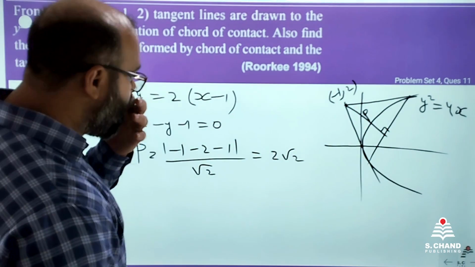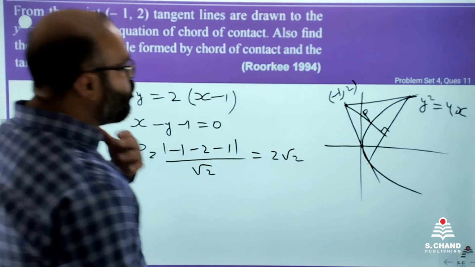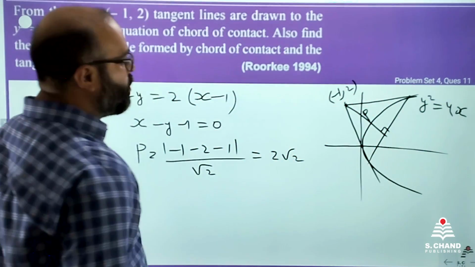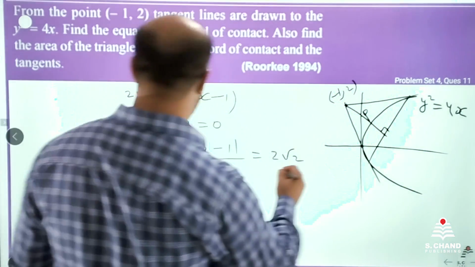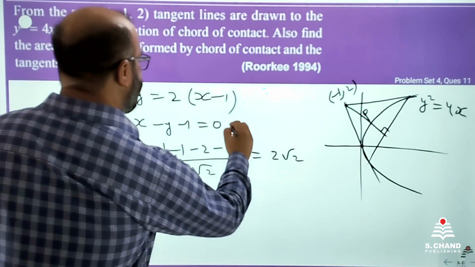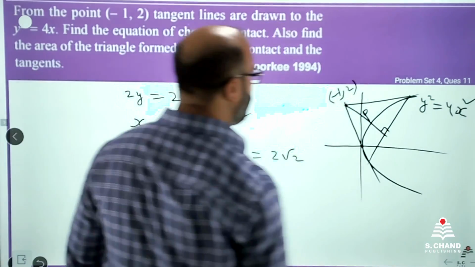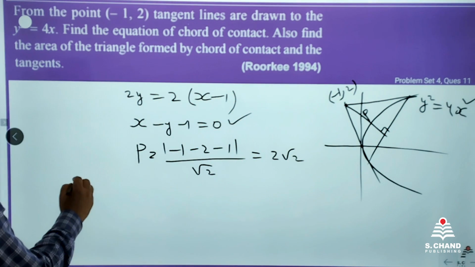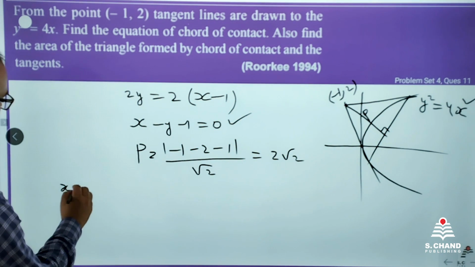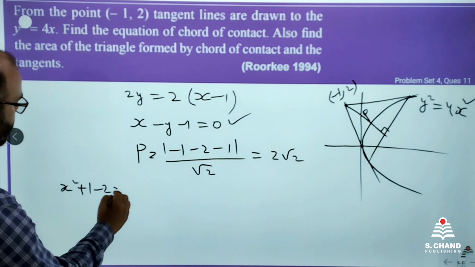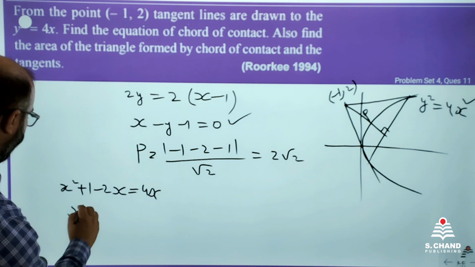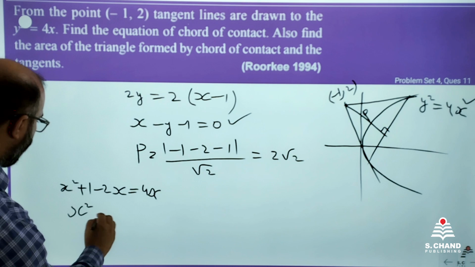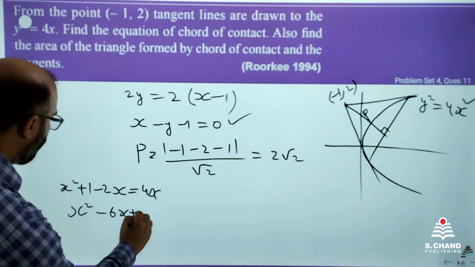And then we have the length of this chord. So what will be the length of this chord? For that we have to find the extremities. So let us solve this equation and this equation. y square will be equal to (x minus 1) whole square, that is x square plus 1 minus 2x, and that will be 4x. So this will become x square minus 6x plus 1 equal to 0.